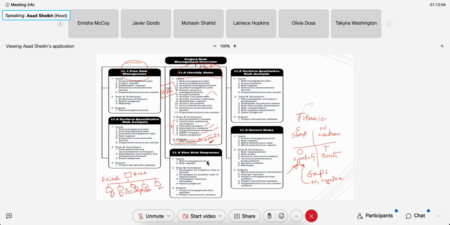Uncertain means you don't know for sure if that's going to happen. I'm building this house, but I don't know 100% that during the month of, let's say, September, a storm is going to be approaching. I don't know for sure, but it can. It can brew up somewhere in the Atlantic and start to head towards us.